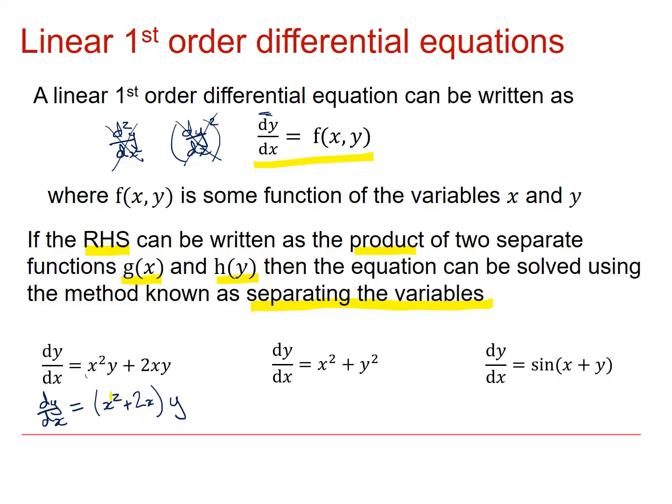And so I've got a function involving x only and a function involving y only, and they're multiplied together. So this one is in the correct format for using separating the variables.